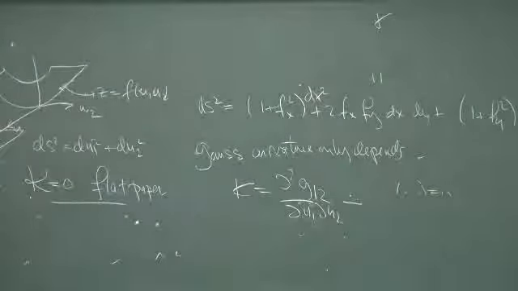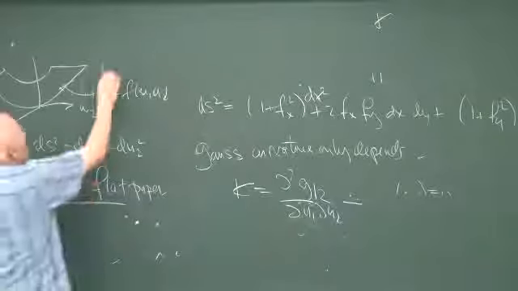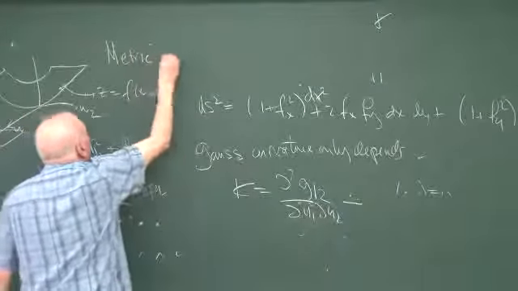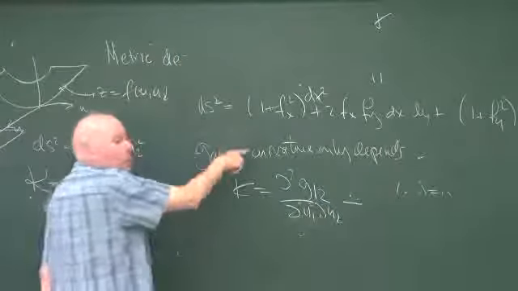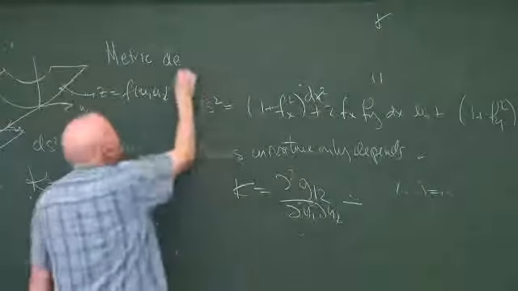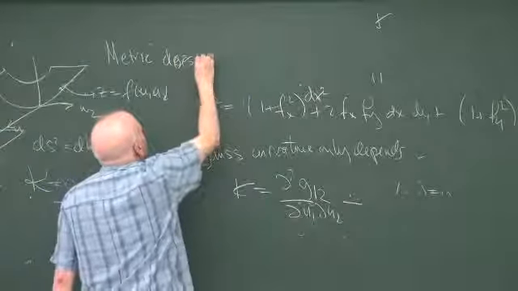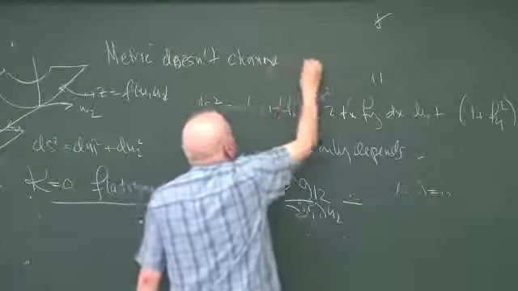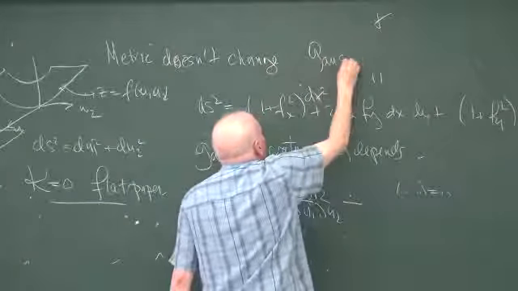That means if the metric doesn't change, the Gauss curvature doesn't change. The f will change, but not the metric. If the metric doesn't change, then the Gauss curvature doesn't change.